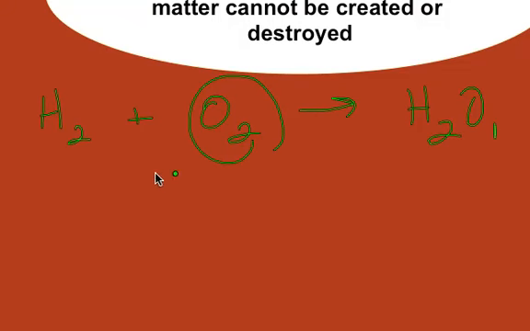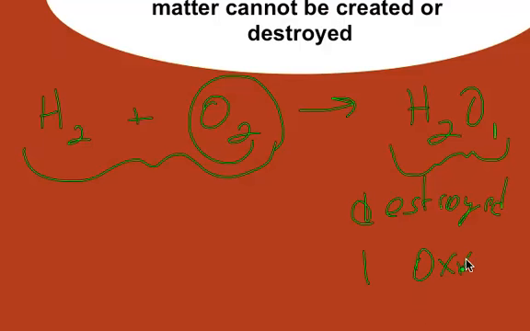So if we wrote the equation as this, then what we are effectively saying is that I began with two hydrogens and two oxygens, and I ended with two hydrogens and one oxygen. I destroyed one oxygen, and that would violate the law of conservation of matter. We can't do that. You can't destroy an oxygen atom. That is why we need to balance equations.